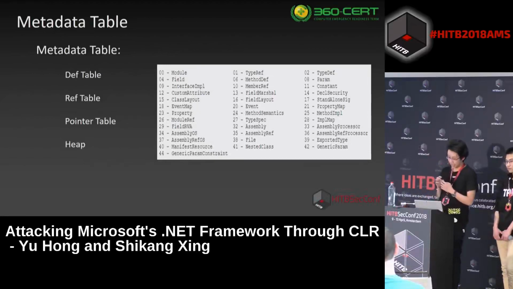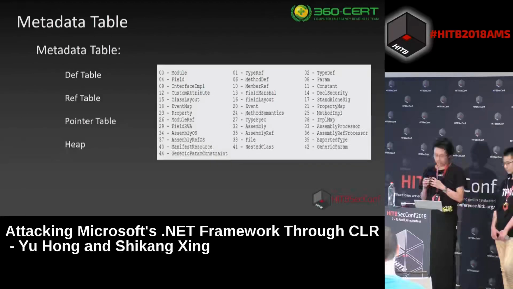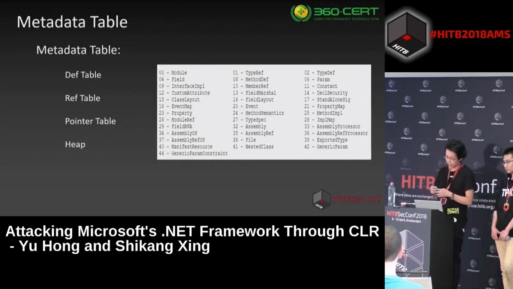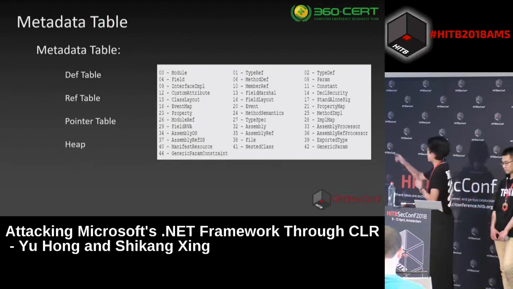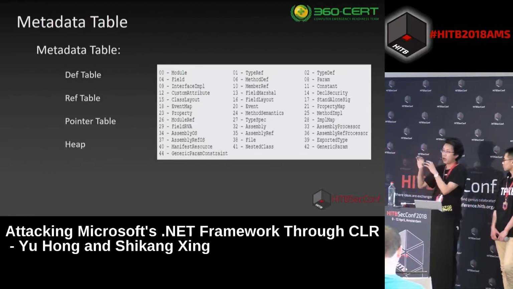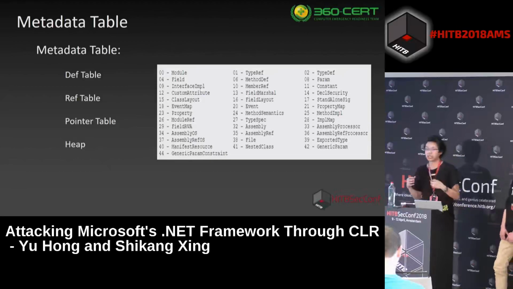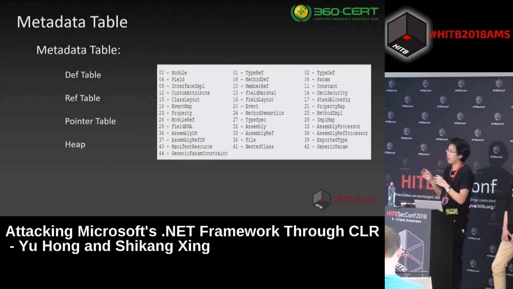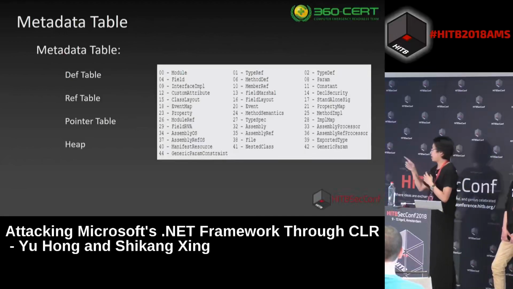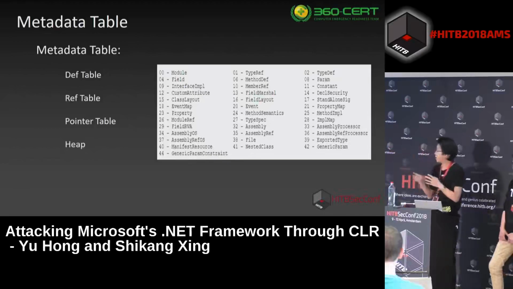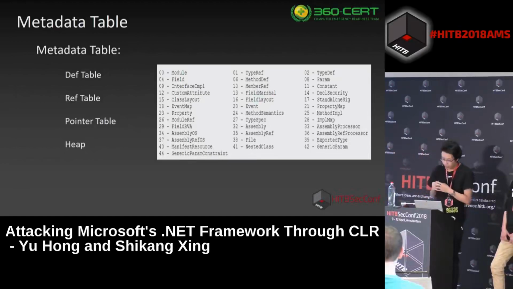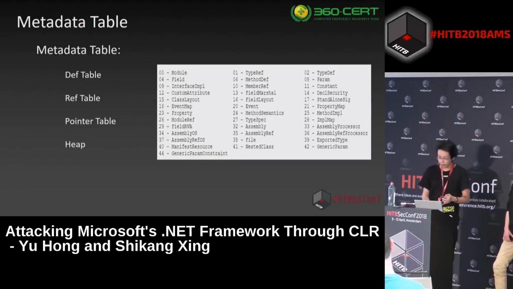.NET is based on object orientation, so there are some important objects in this. The image shows us all the objects, but as researchers we focus on some important ones. We're interested in some objects in the left list. First, the def table. The def table describes the type and member information defined in the source code.